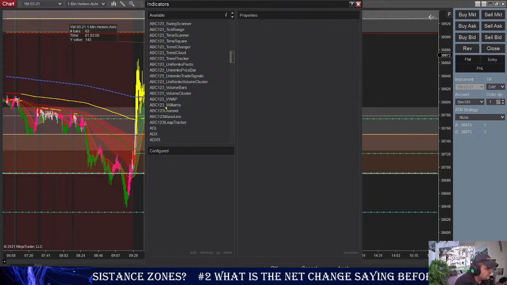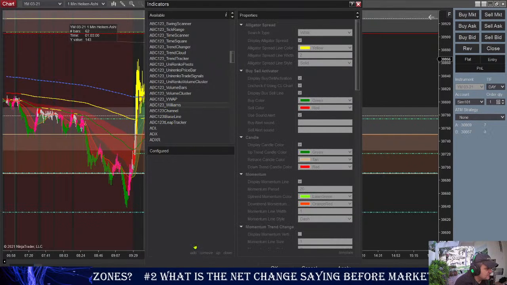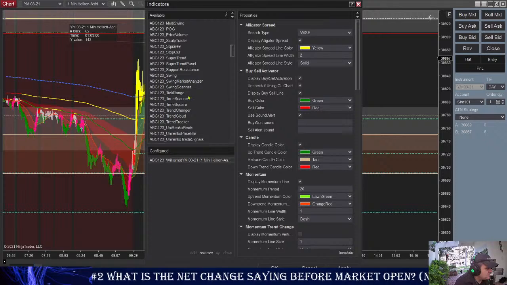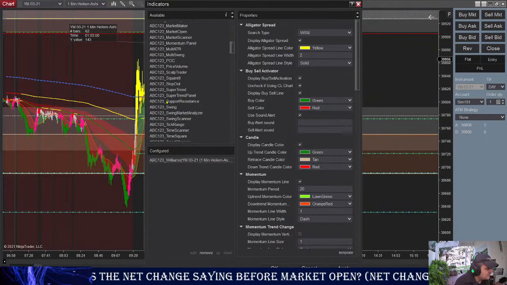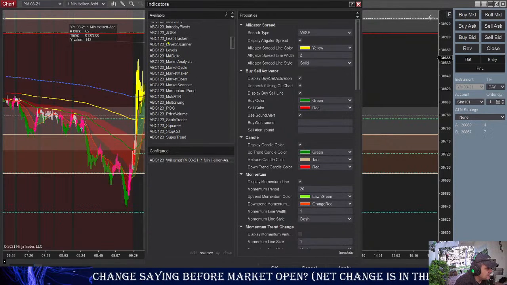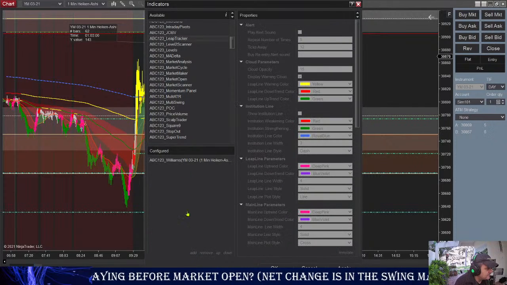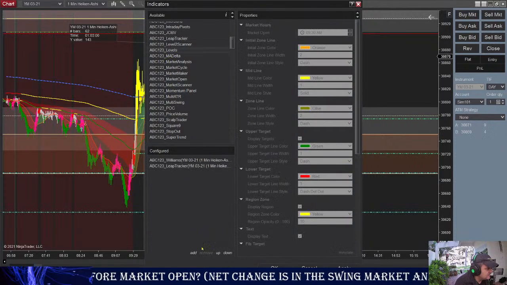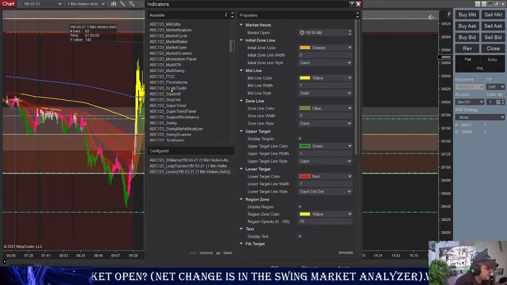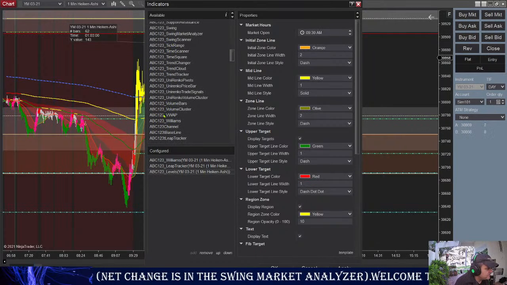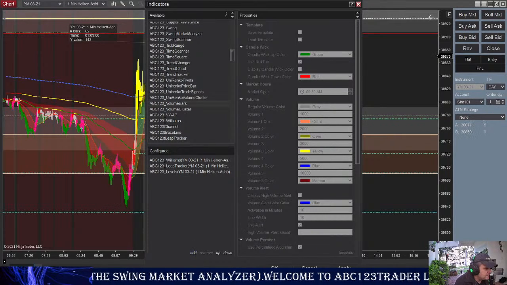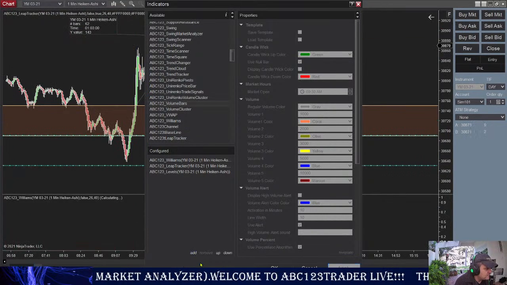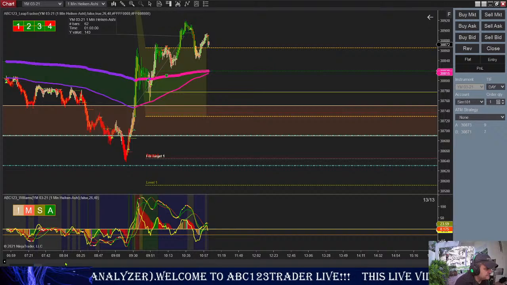You know what? I want to put the Williams on. We'll see what it looks like. And then we'll put on a lead tracker, see what that looks like. And levels, and high volume, volume bars. Let's see where we are on this ugly beast here.